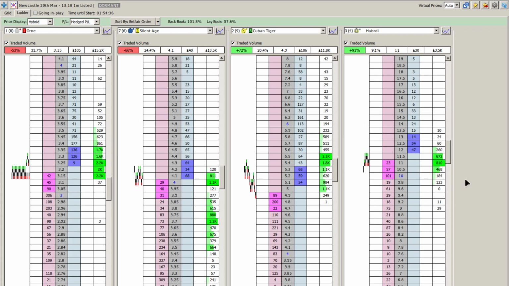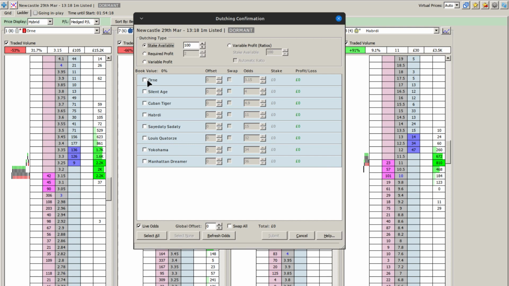Okay, we're looking at the first race today. I've got the refresh rate set to very, very slow so that the numbers aren't chopping and changing all the time. And let's just look at the greening up or the trading out process for just one runner. So I'm going to use a stake of £100 in each of these examples.